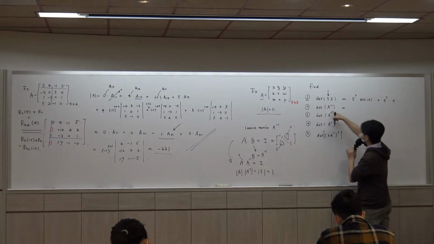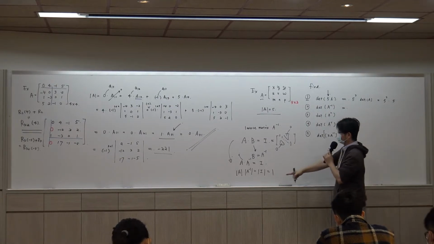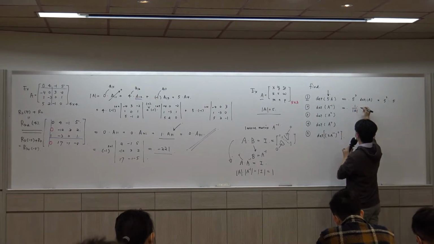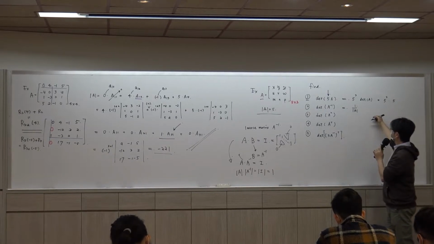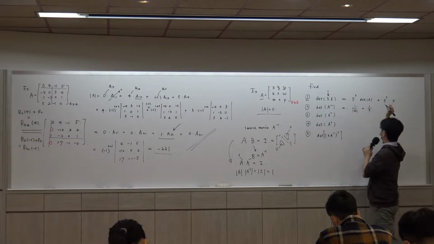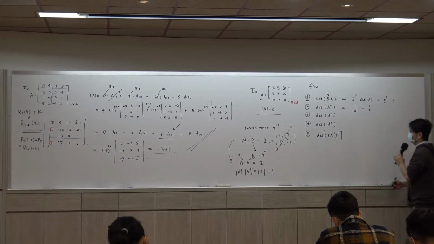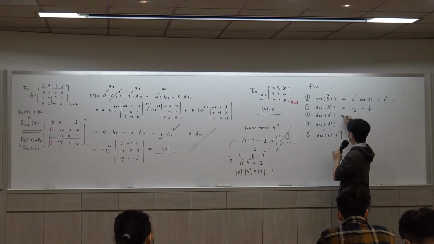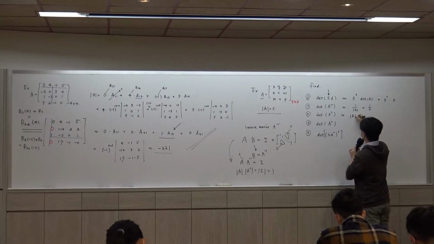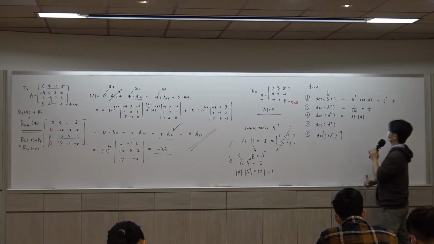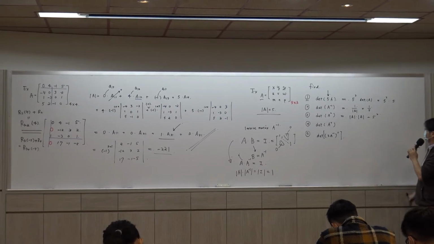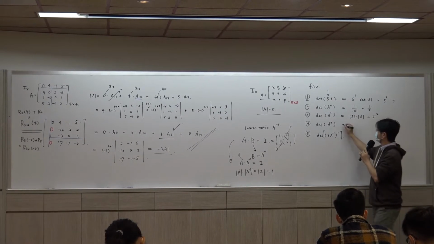So here, this one equals 1 over the determinant, so it equals this. Similarly, the third question would equal this. So it should be 5 squared.